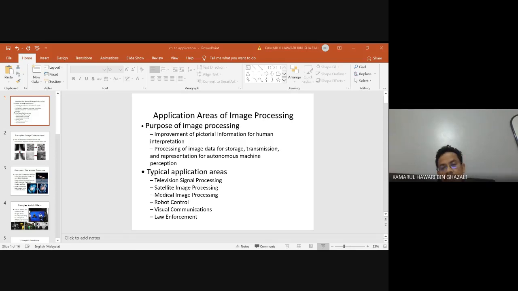This is an example of application for PCB, for the visual inspection of any defect of the PCB component, soldering, or any foreign material on the PCB.